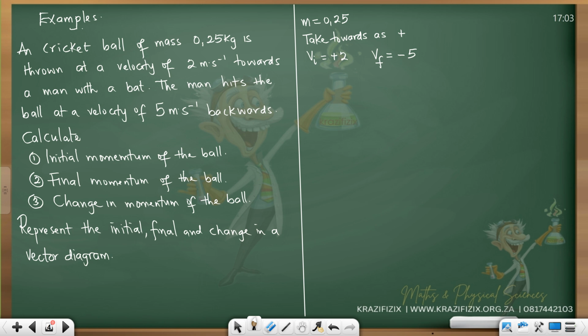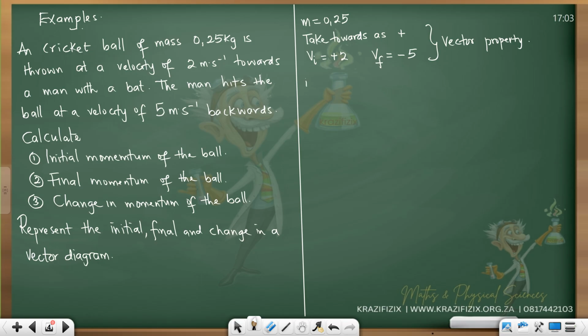It is a vector quantity, so we must take our directions and we use signs. Please, very, very important. This is the vector notation. This is the vector property: magnitude and direction. Our direction is represented with positives and negatives.